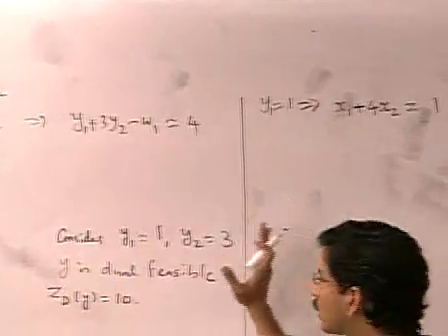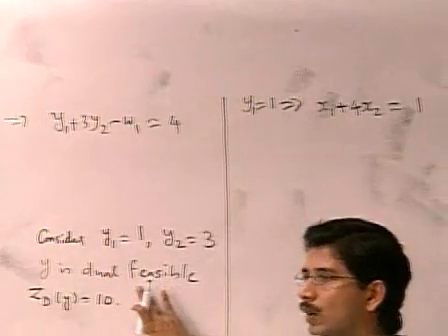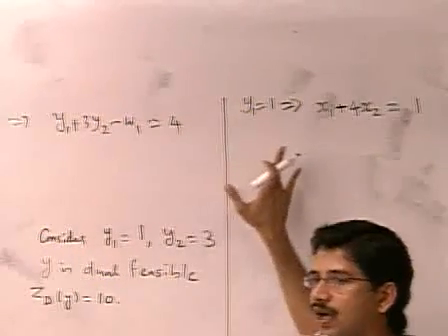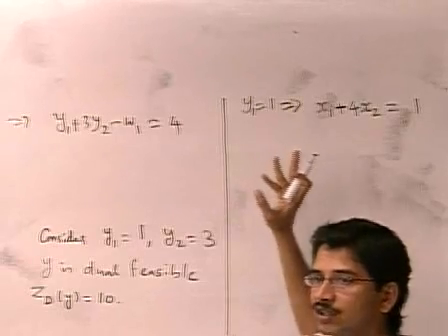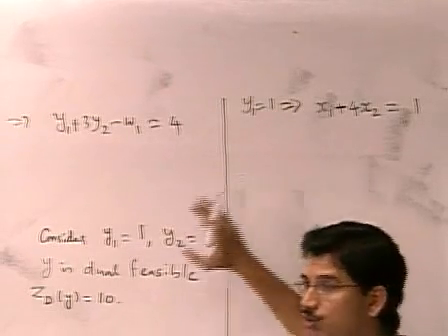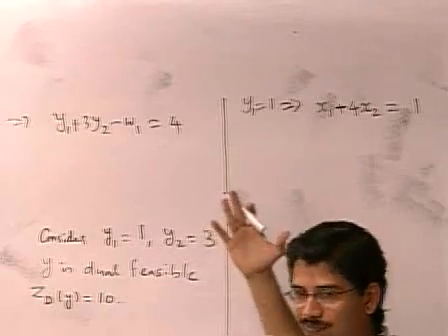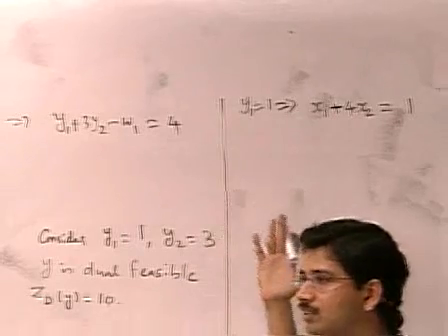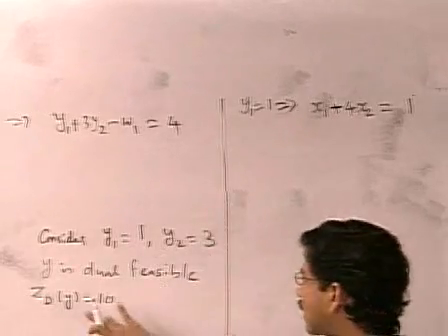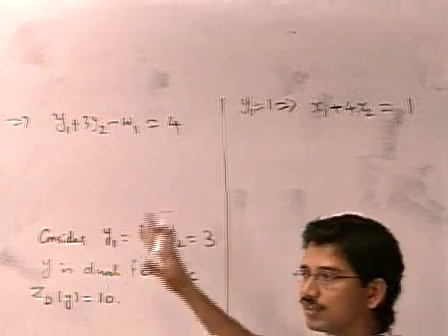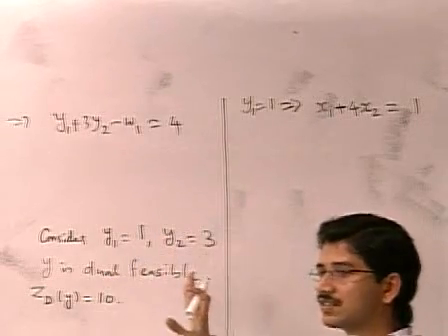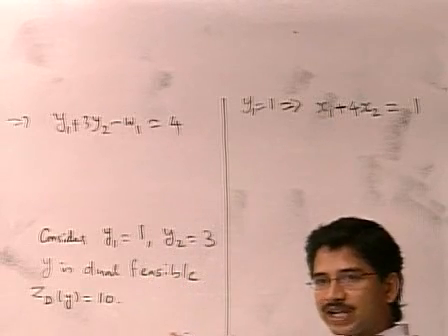So how can you conclude that this is optimal? Well, for one thing, you should be able to find some x, and that x has to be feasible. If it is feasible, it will have the same objective value as 10, because whenever the CS conditions are satisfied, the primal and the dual objectives are the same.